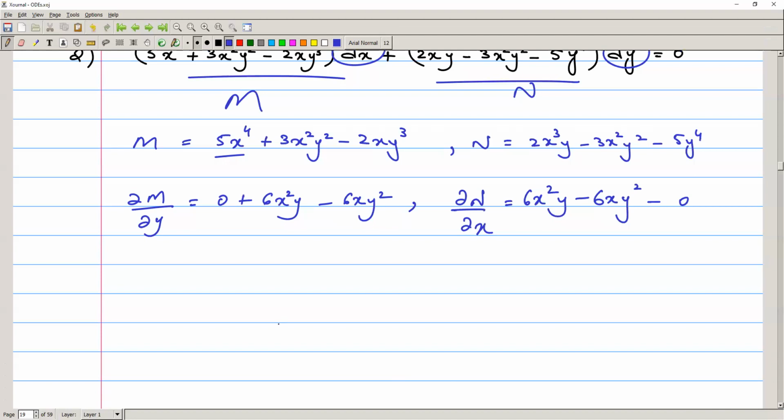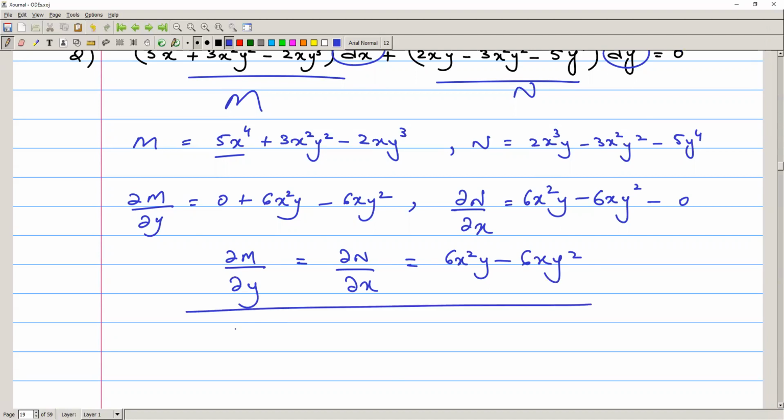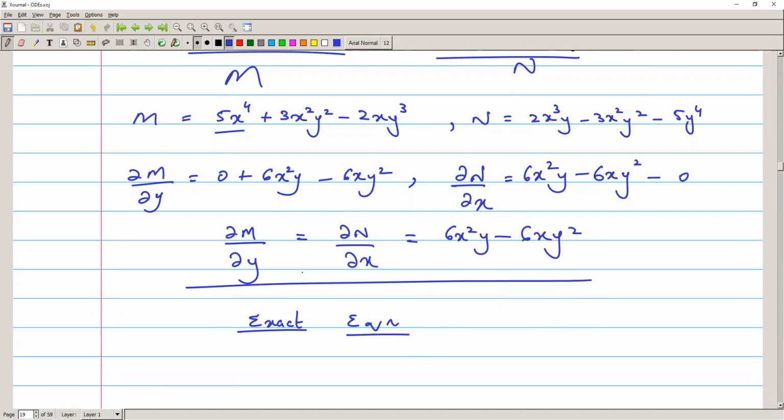So we can see here that dou M over dou y equals dou N over dou x, which equals 6x squared y minus 6xy squared. This is enough to say that this equation is an exact equation, right? So the first step is now clear: we just check that it's an exact equation.